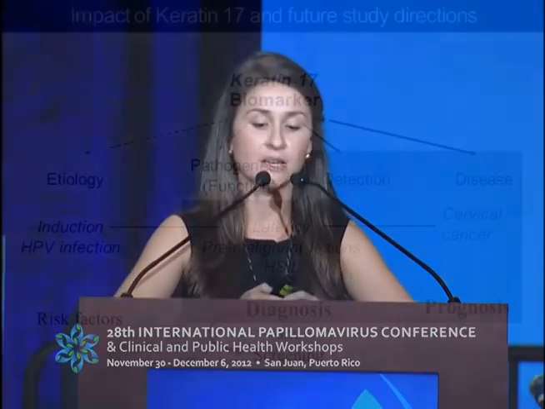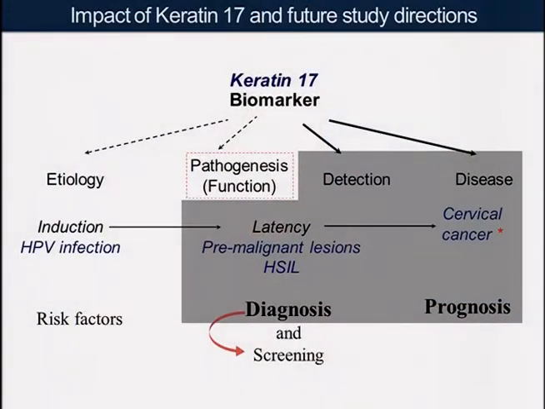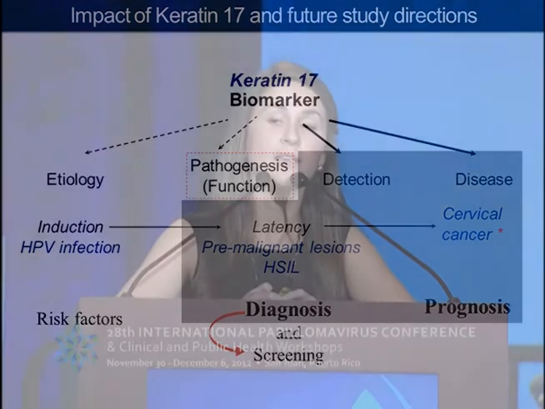So far, we can say that keratin 17 seems to be a potential marker for the diagnosis and prognosis, specifically within the cervical cancer patients. For future studies, and what we are already conducting, we are trying to increase our sample size even higher. And we also want to include in the cervical cancer patients the adenocarcinoma cases.